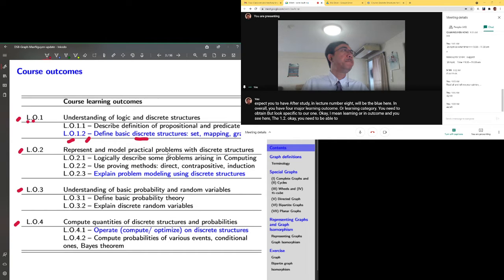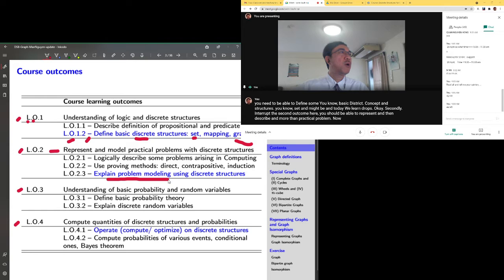Secondly, in terms of the second outcome, you should be able to represent, describe, and model practical problems. Specifically, you need to know how to employ the graph, considered a special discrete structure.